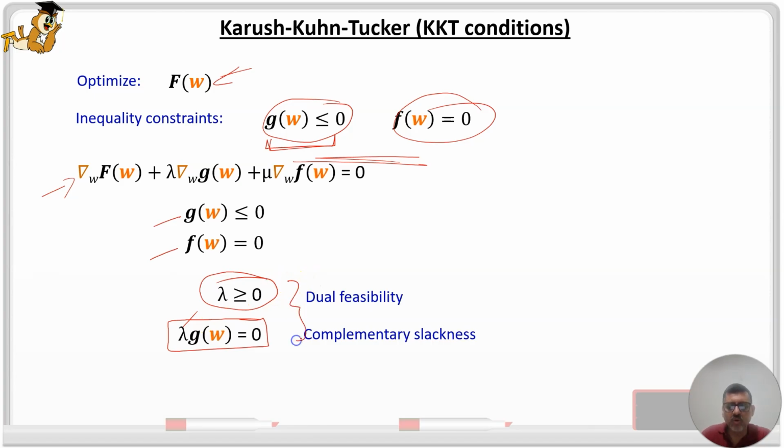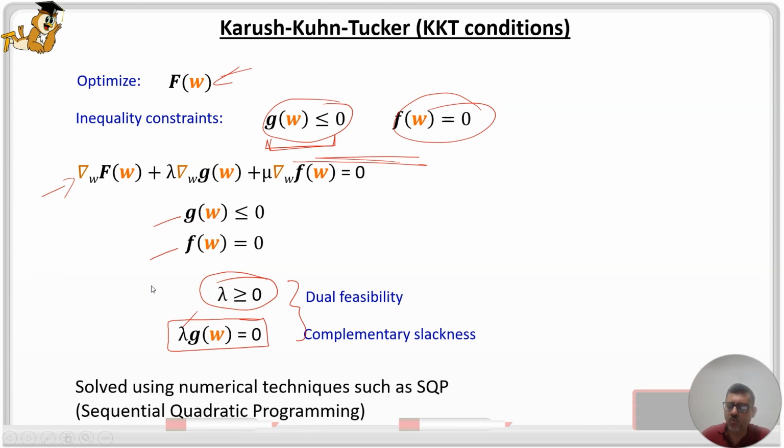So you can impose conditions like these depending upon what your problem is, and then proceed to solve them. And one of the numerical techniques that is used is called the SQP technique, sequential quadratic programming, and that is often used to solve the KKT conditions, that is, to optimize subject to KKT constraints.